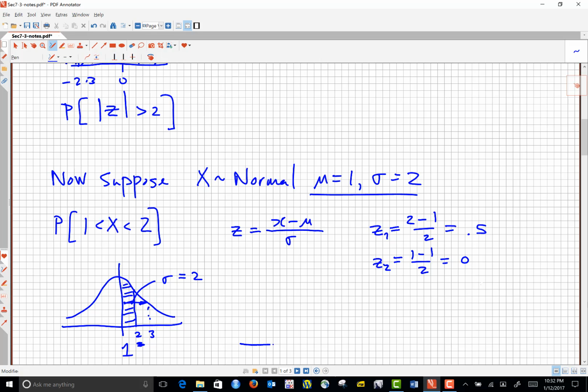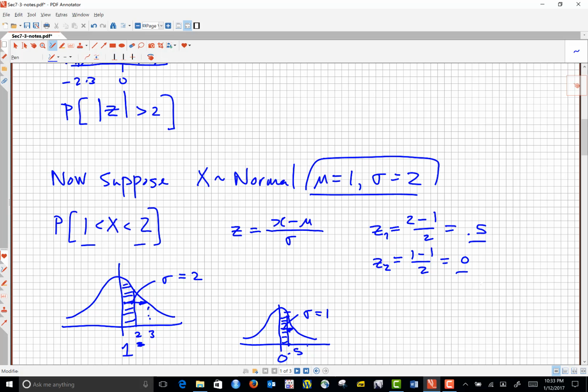I find that what I'm able to do is turn the probability problem with a mean of 1 and a standard deviation of 2 into a standard normal problem, one with a mean of 0 and a standard deviation of 1, if I use not 1 and 2, but rather 0.5 in place of 2 and 0 in place of 1. What I'm looking for is the area under the standard normal curve from 0 to 0.5.